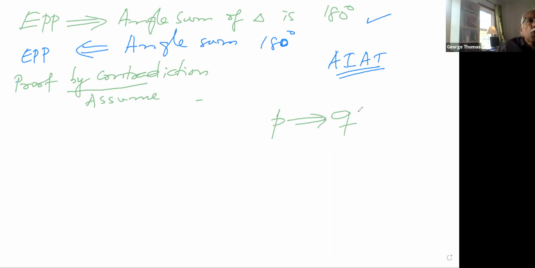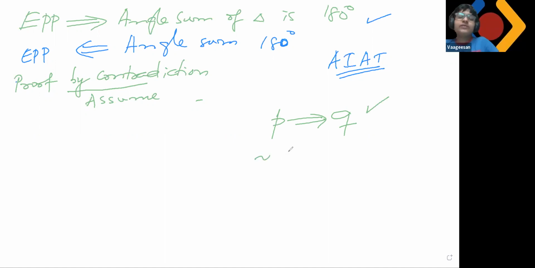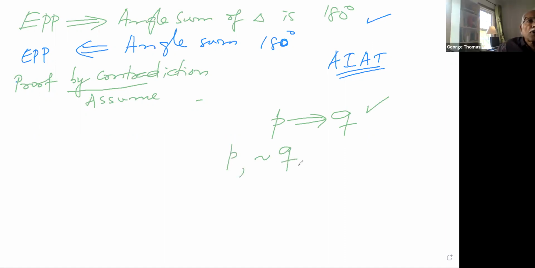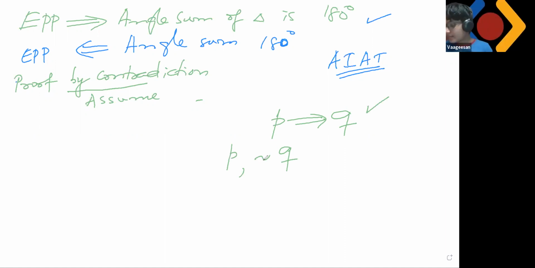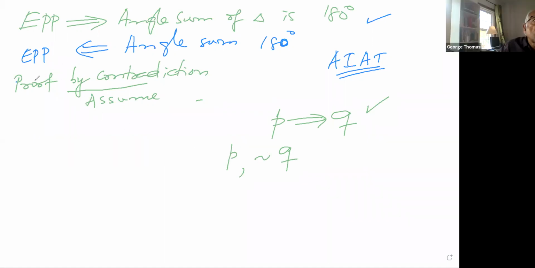No, if you want to prove P implies Q by contradiction, you assume what first? We assume not Q and P. Yes, you assume not Q in addition to P. So what do we need to assume now?